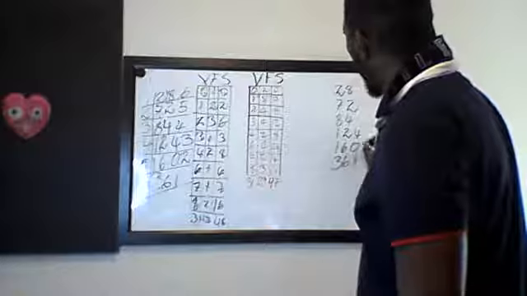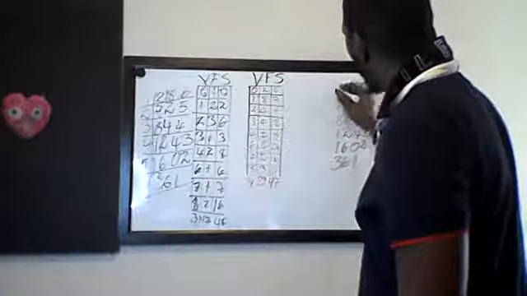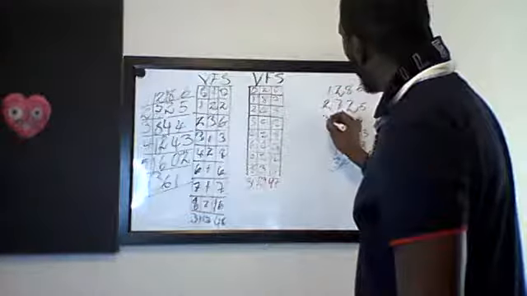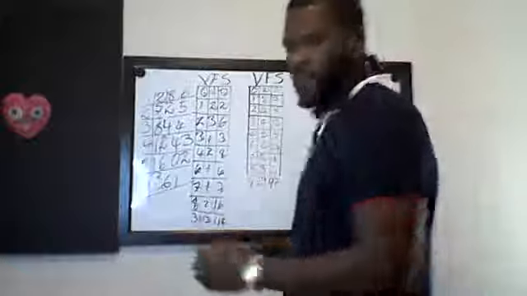So we say 1, 2, 3, 4, 5, 6. 1, 2, 3, 4, 5, 6. So now let's verify. We're not gonna use this one, we're gonna use this one.